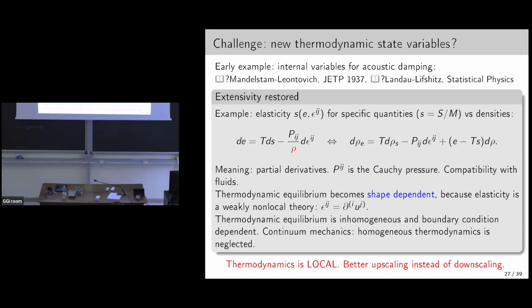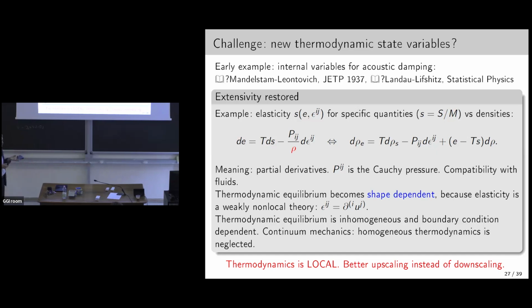If you go to densities, which is more usual, then you see that the difference is important. So you obtain a Helmholtz free energy term as an addition. So these kinds of things one should pay attention to, and better to start from below. I mean, better upscaling instead of downscaling.